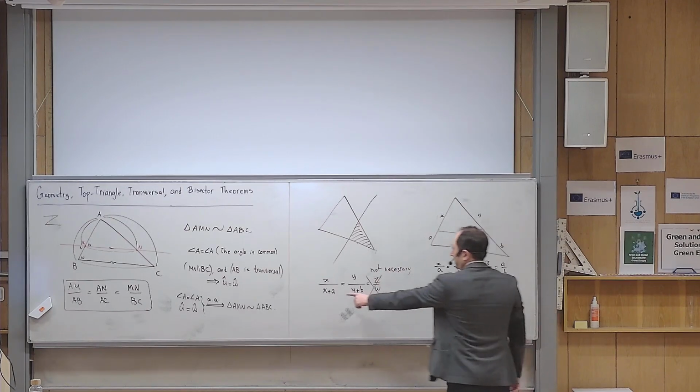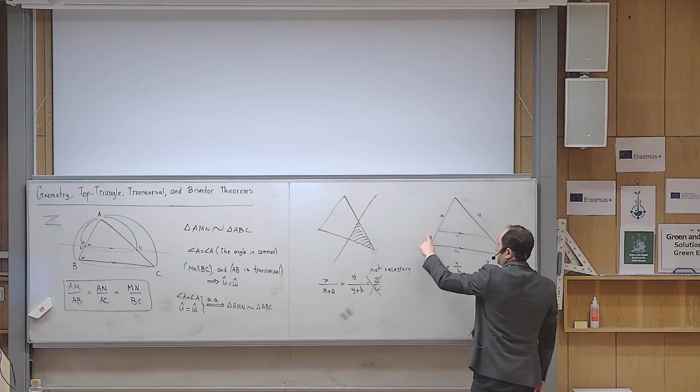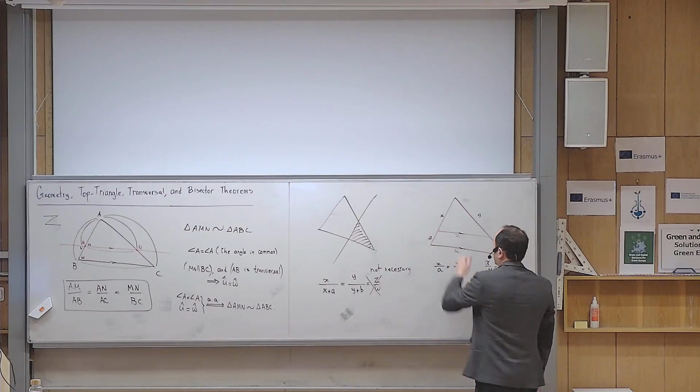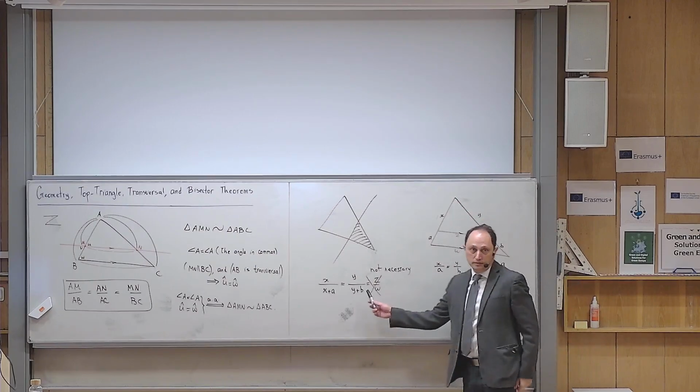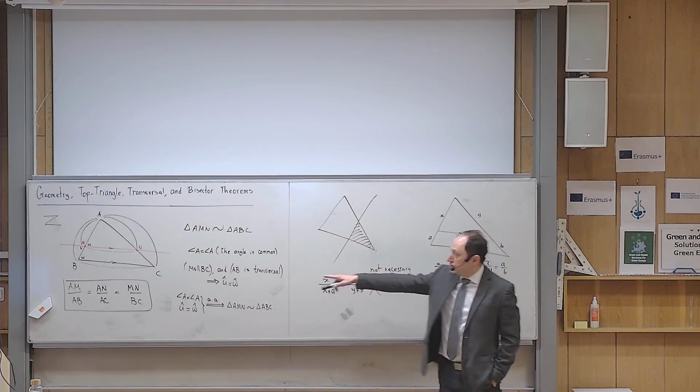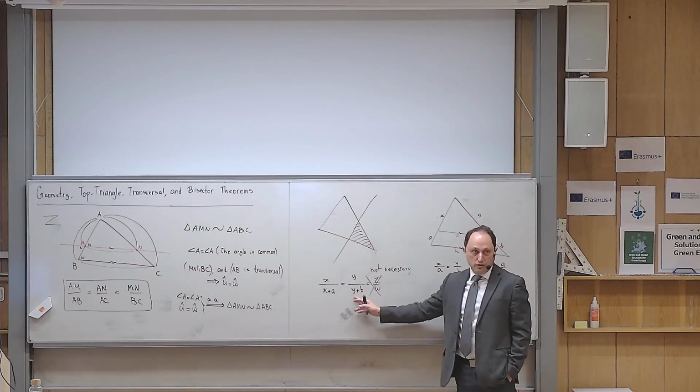But I want you to understand, you have to write x over this expression, or over this length, but this length is not a, this length is x plus a. And the same story here, y over y plus b. Is that understandable? So I am using that fact in this new picture and I conclude this.